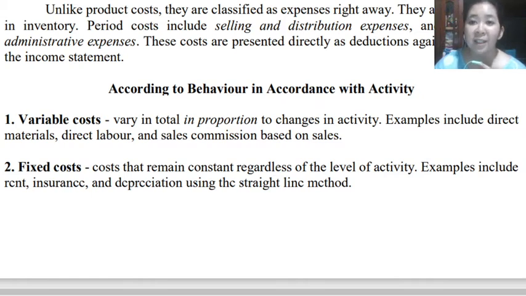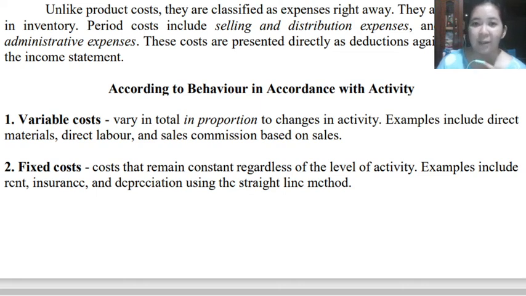But if you are using the straight line method, okay, meaning cost minus the salvage value divided by its useful life, meaning to say every year you have the same amount of depreciation expense to be recognized. So that is under the straight line method. In that case, depreciation expense now becomes fixed cost.